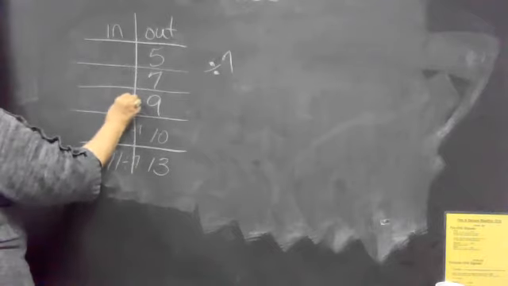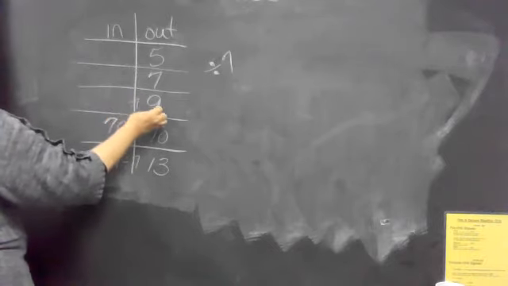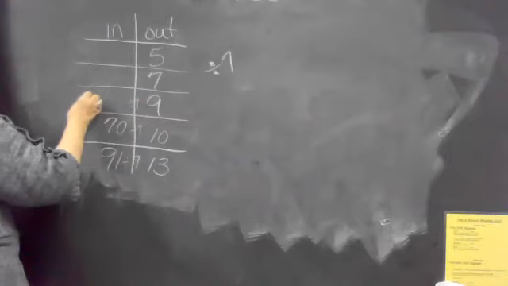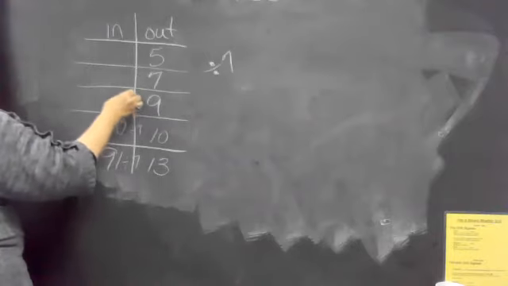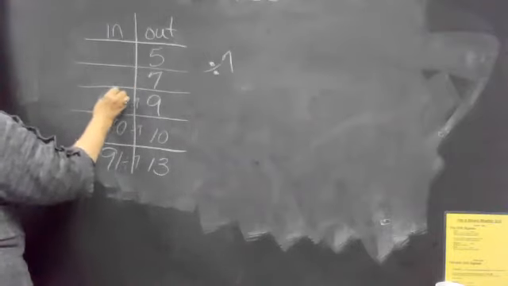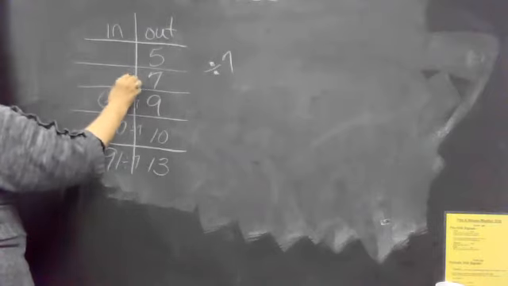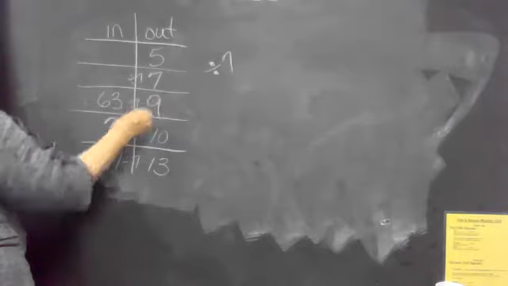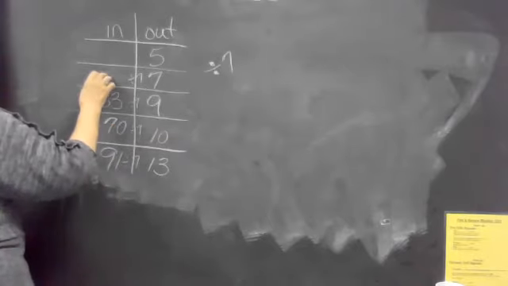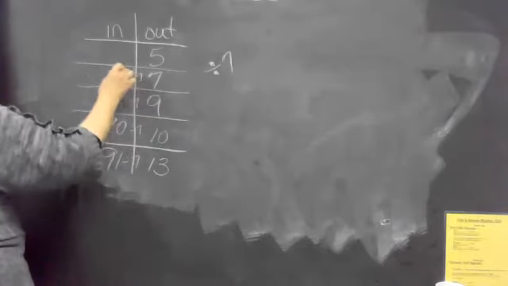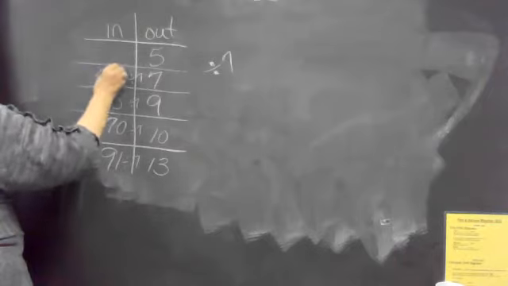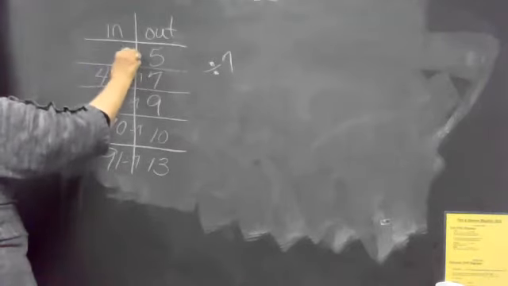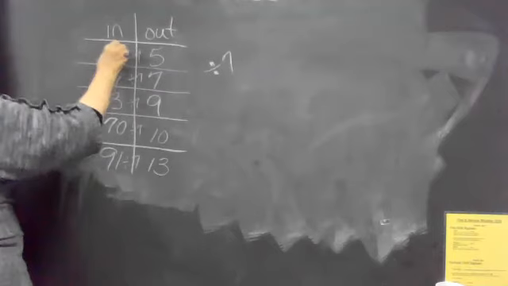Yes, because it's still going to be divided by 7, but when you go backwards, you multiply. So we've got 63 here. It's still the rule because 63 divided by 7 will give you 9. But in order to find the first part, 49, you need to multiply. 35. Good job.